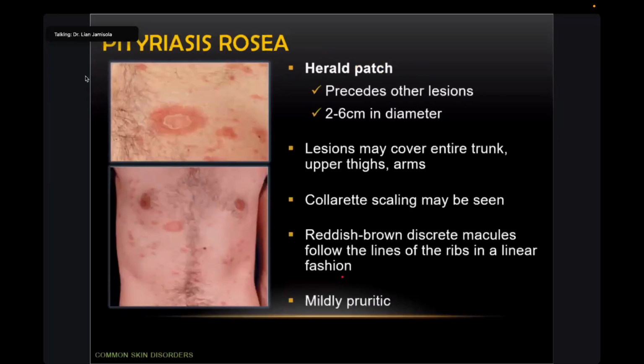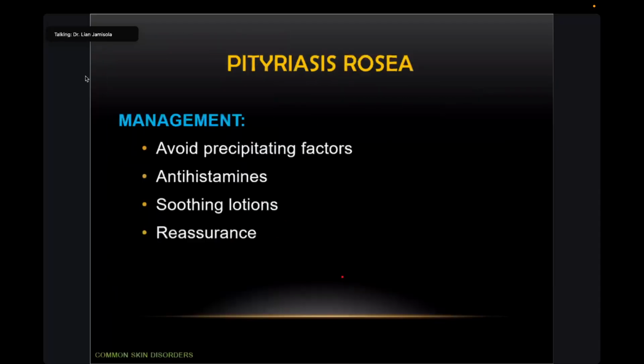I think I removed the picture. Better to look for pictures of the back. It looks like a Christmas tree because it follows the lines of cleavage on the back. Okay. Management: antihistamines, soothing lotions, reassurance as the lesions would resolve. However, it will take 6 to 8 weeks before resolution.